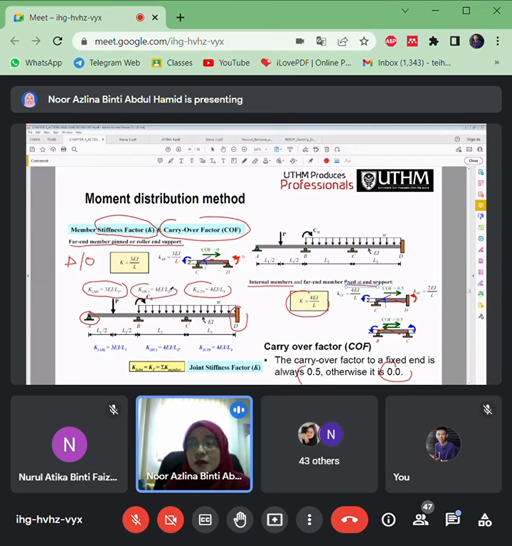It doesn't matter how many internal members there are, as long as they are internal spans, it should be 4EI divided by L. If the end is a roller, the stiffness is 3EI divided by L. The internal member is 4EI divided by L. The support, pin or roller, is 3EI divided by L.